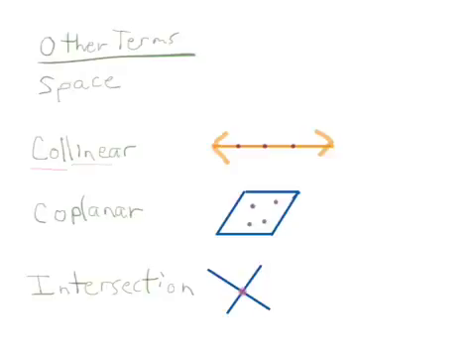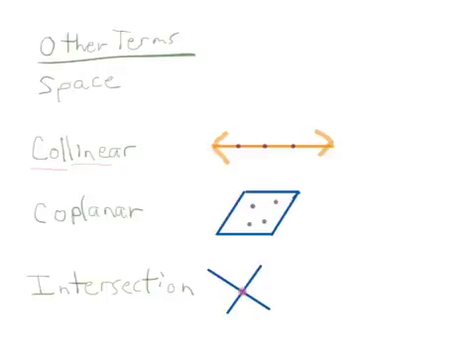So collinear literally means with the same line. So if we have points that are collinear, that means they're going to be on the same line. So we see here on the right we have 3 points, and these are all in the same line, so therefore they are collinear.